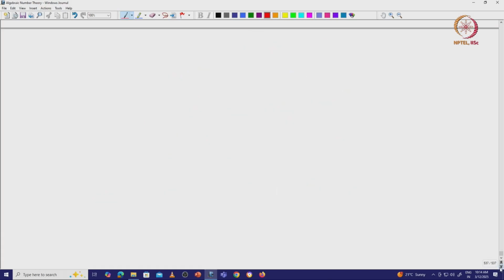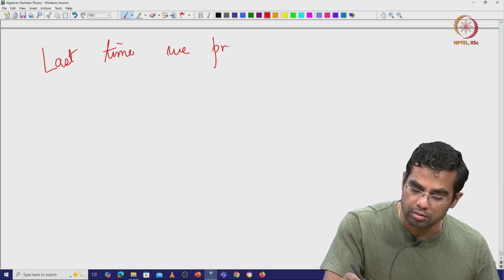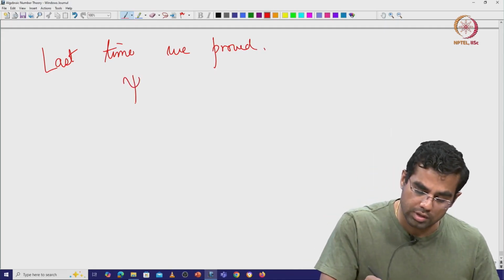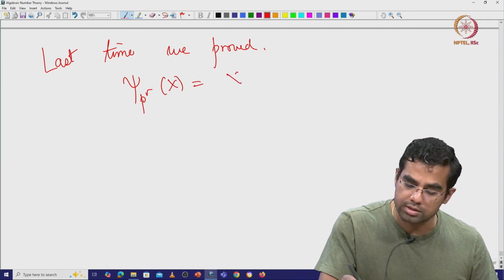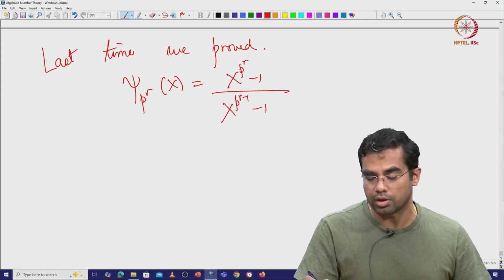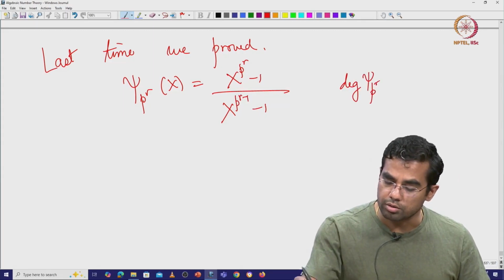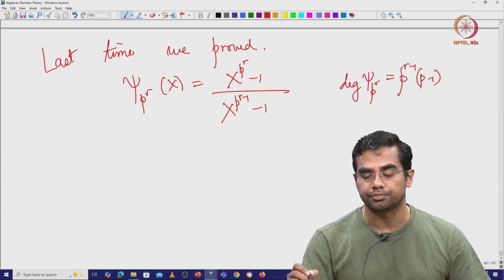So, last time we proved a bunch of things. We took psi p to the r of x to be x to the p to the r minus 1 divided by x to the p to the r minus 1 minus 1. So, in particular, the degree of psi p to the r is p to the r minus 1 into p minus 1.